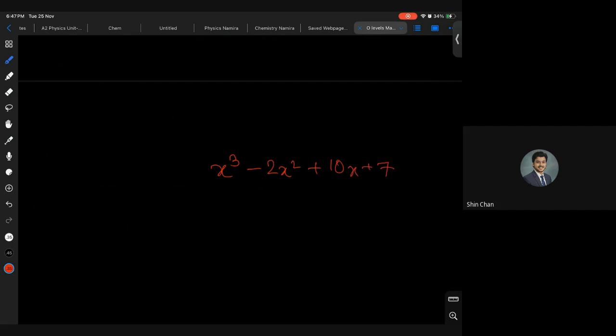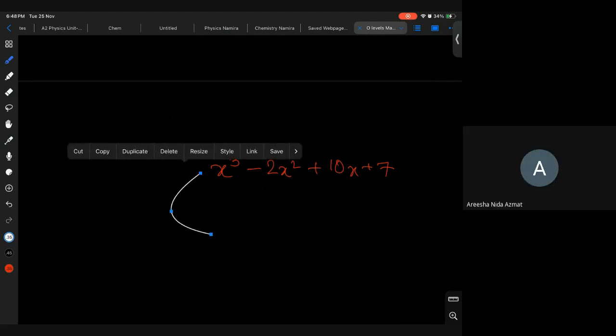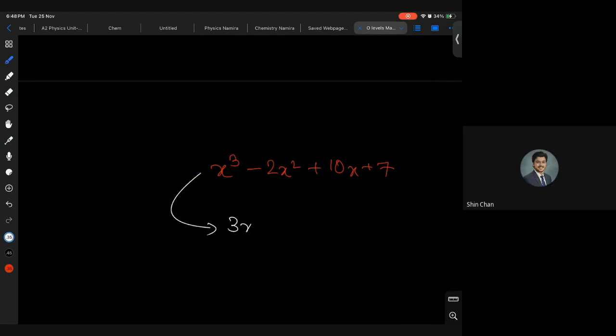And if I were to differentiate it, what would be the answer? 3x to the power of 2 minus 4x plus 10. And we would not be writing 7. Yeah. This was dy by dx.